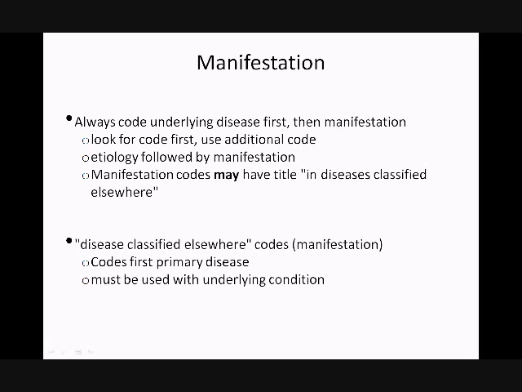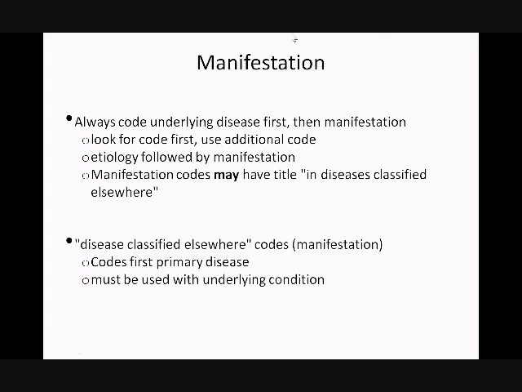The diabetes will be the etiology, the neurological disease will be the manifestation, the outcome. When it comes to sequencing this sort of code, you always sequence the underlying disease first, then the manifestation. You code the diabetes first, followed by the manifestation.